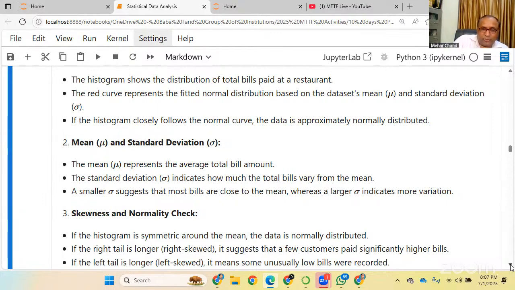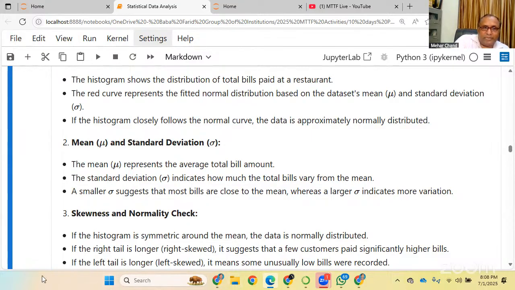Okay, so that depends upon the value of sigma. If sigma is smaller, values are close to the mean, and if sigma is larger, there is more variation inside the data set.